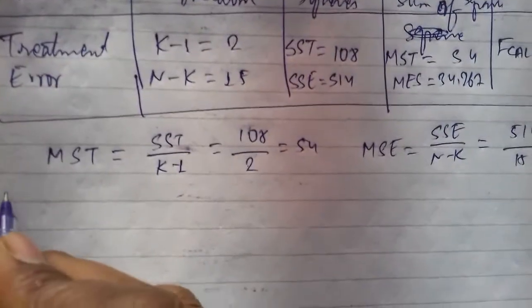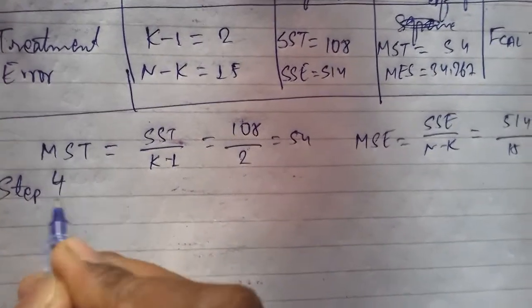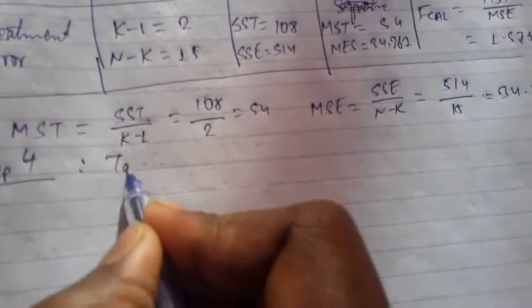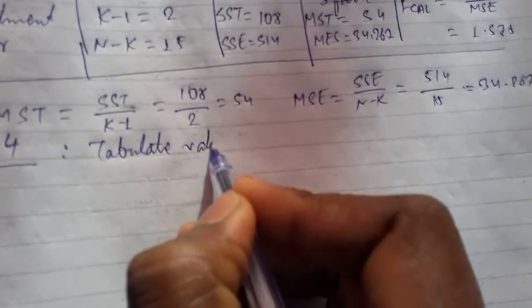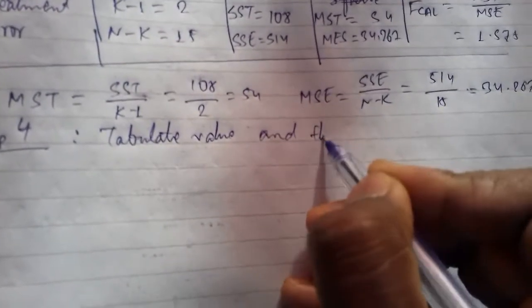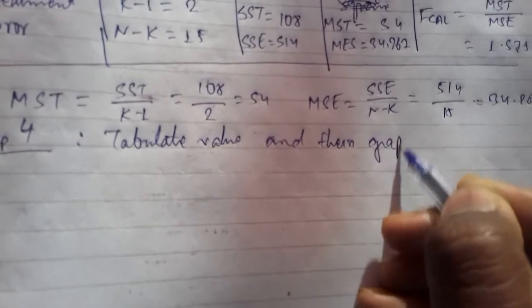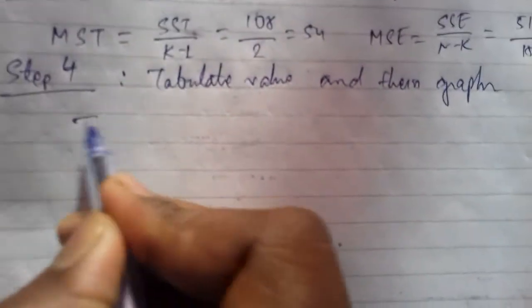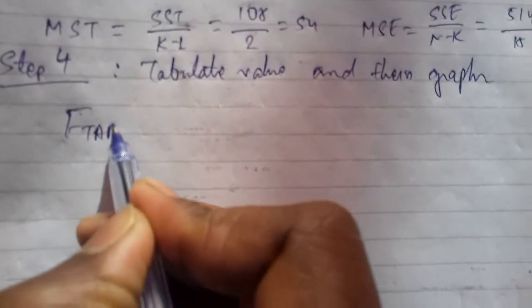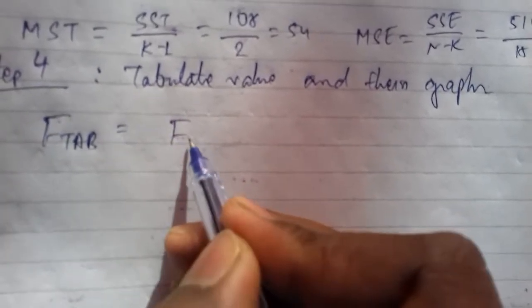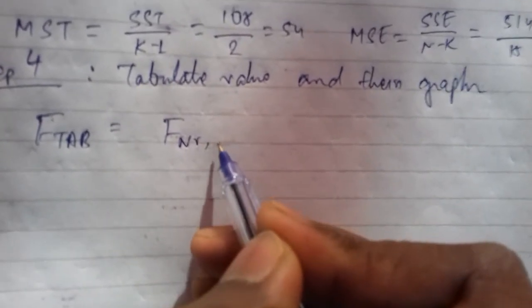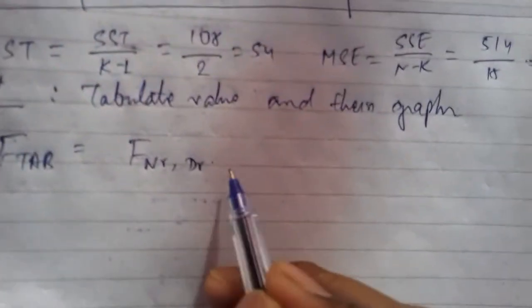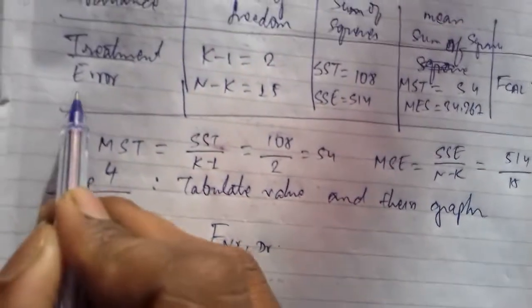Now we have step 4, the tabulated value and its graph. We have to find the tabulated value. The formula is F tab equals F with numerator degrees of freedom comma denominator degrees of freedom, where the numerator is treatment and the denominator is error.